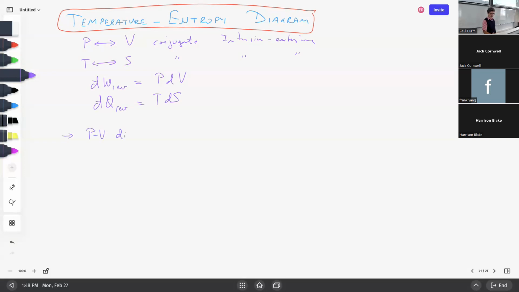a PV diagram. Area under the curve equals work. And I have a TS diagram.